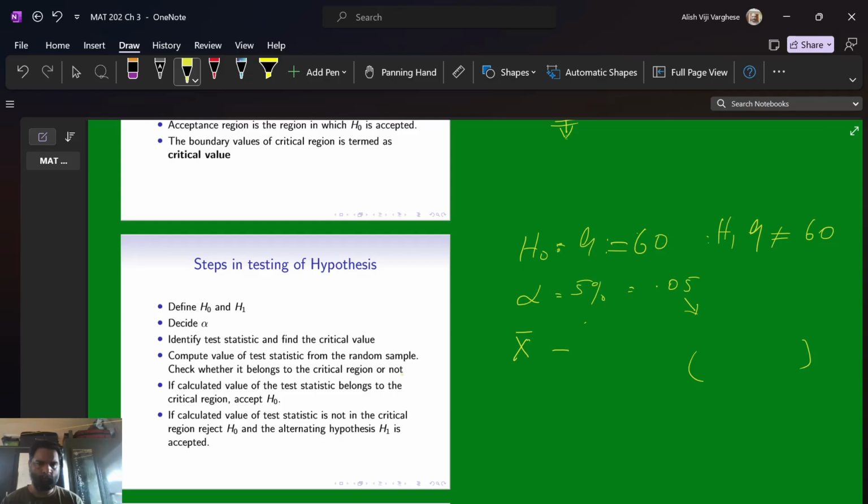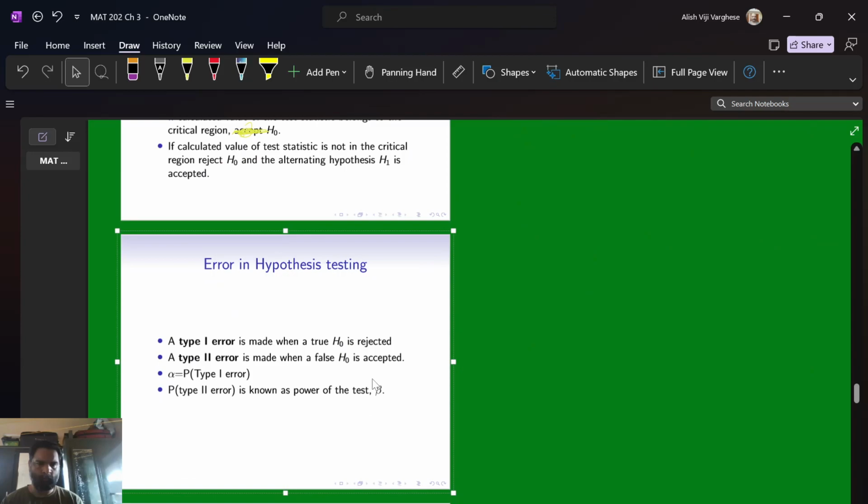So if the calculated value of the test statistic belongs to the critical region, we reject H naught, and the alternative hypothesis is accepted. So that is how we test the hypothesis.